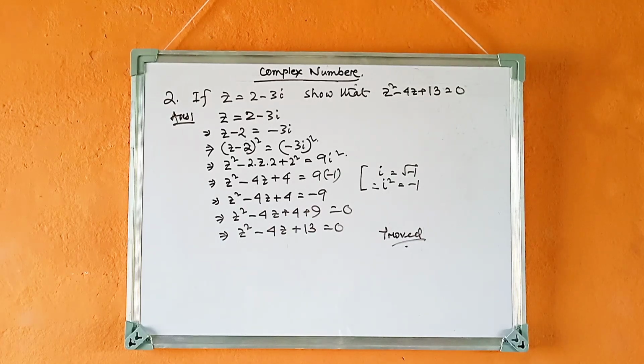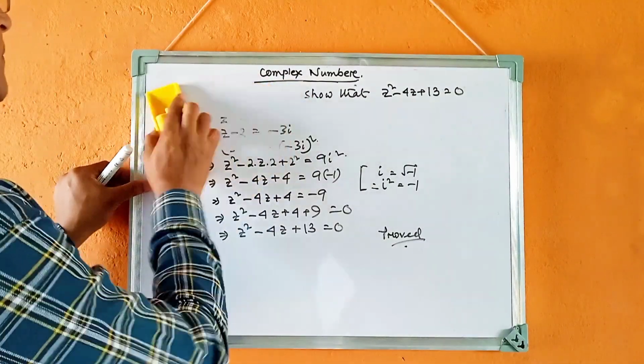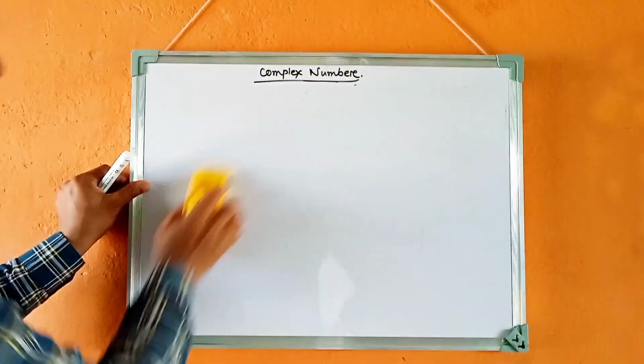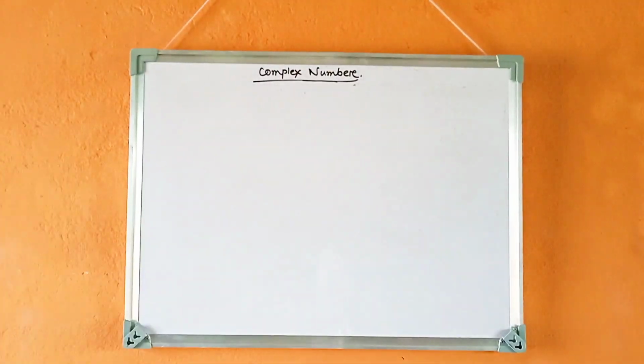Now we start the next property, that is cube root of unity.